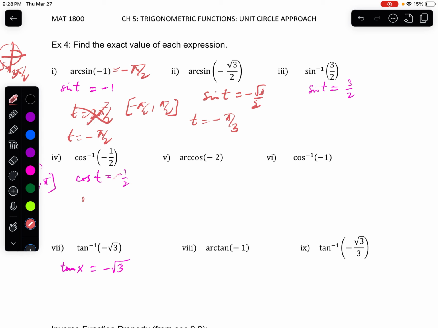But now because we have a negative sign, it means the t is going to be in the fourth quadrant. Sine is negative in quadrant 3 and 4. But since we are talking about inverse sine, we cannot be in quadrant 3. We have to be in quadrant 1 or quadrant 4. Because remember, from here to here, that's where the value of t should be. So the t is negative pi over 3.